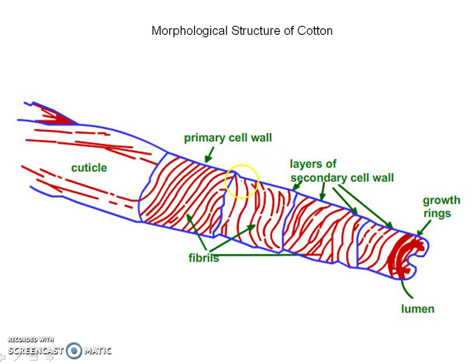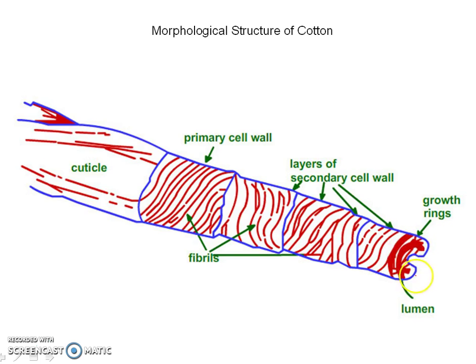Below the primary cell wall, there are number of layers of secondary cell wall. The secondary cell wall has fibrils of cellulose which are running from 10 to 30° to the fiber axis. The direction of fibrils in the secondary cell wall changes from one layer to the other layer.